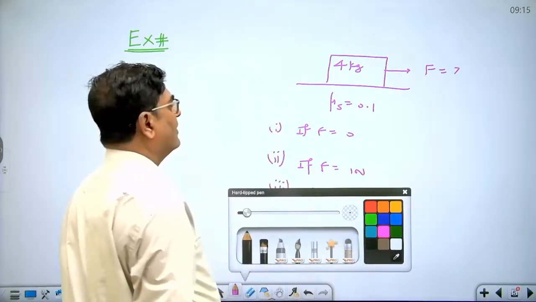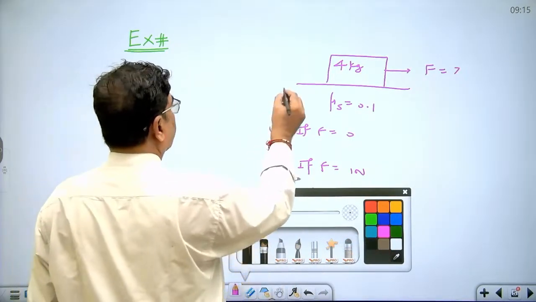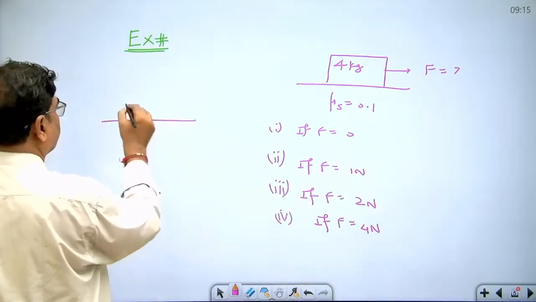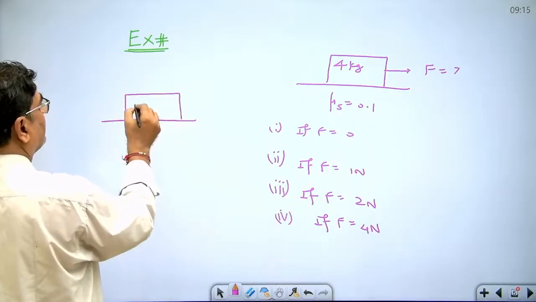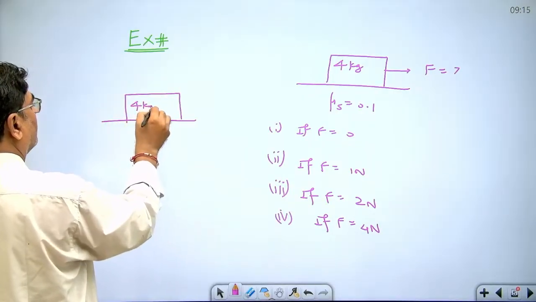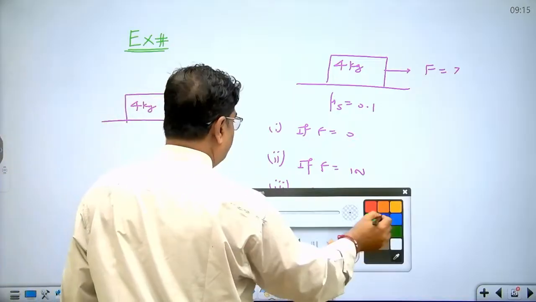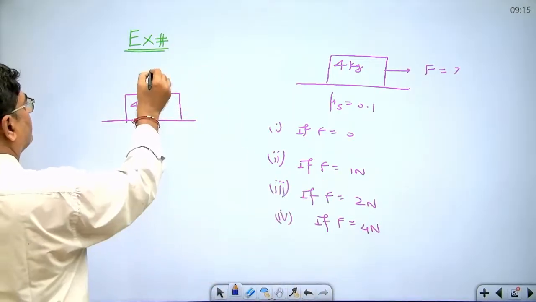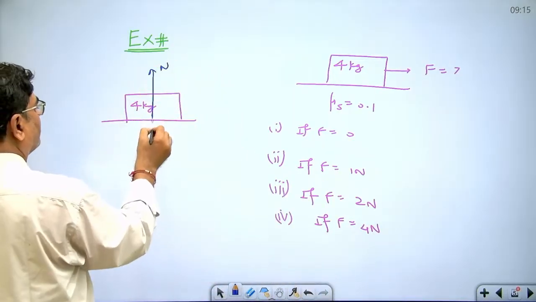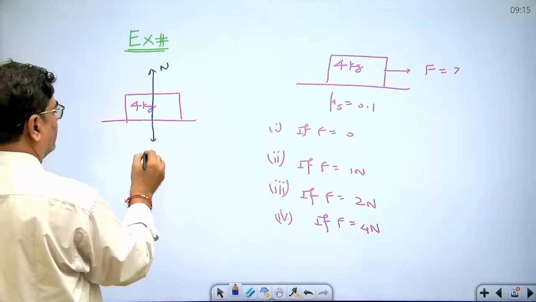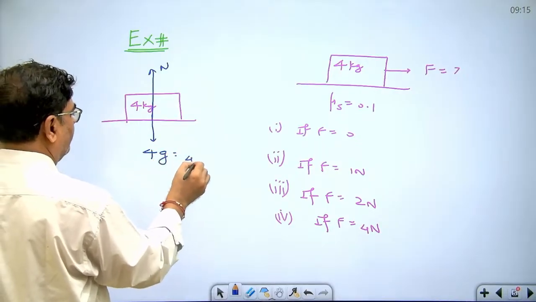Let's see now. Dear student, in this situation, the limiting frictional force: this is the normal reaction by the contact surface. This is the earth's gravitational pull, that is the weight of body 4g, this is 40 Newton.